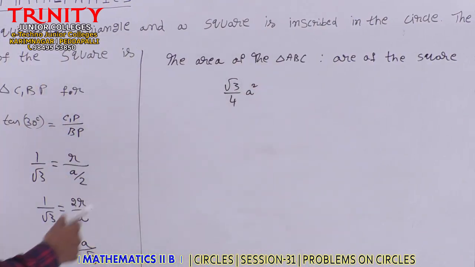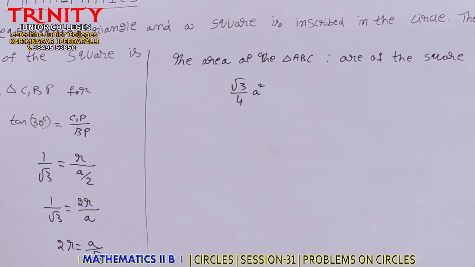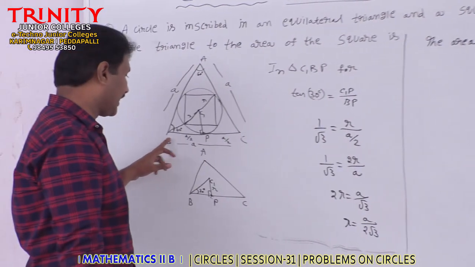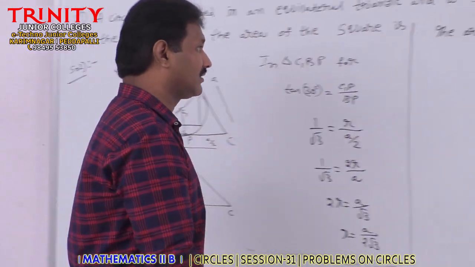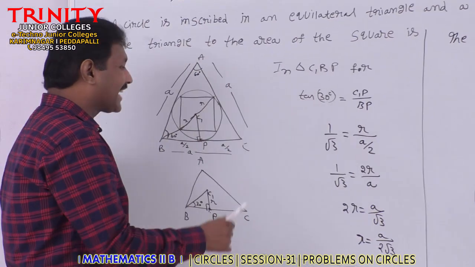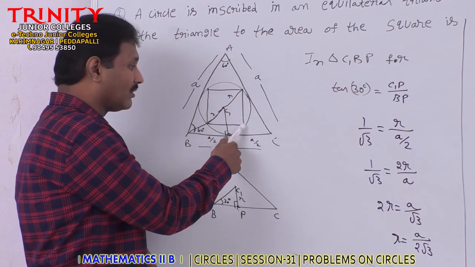We know that the area of the equilateral triangle is root 3 by 4 A square, where A is the length of the side of the triangle. For the square, if the length of the side is known, the area of the square is side square.